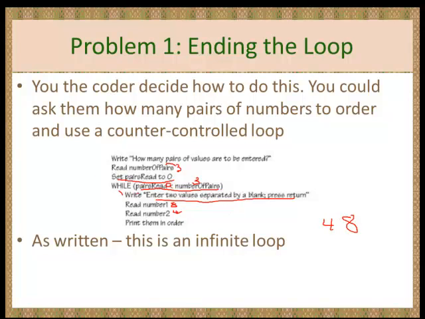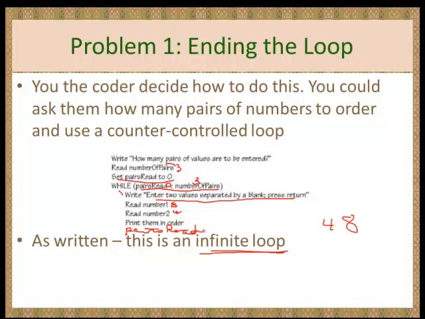Now this algorithm is missing something. As written, this algorithm is an infinite loop. Because how many pairs did I just read? I just read 1 pair, but yet pairs read has not been changed. So what really needs to happen here is a statement that will increment pairs read.